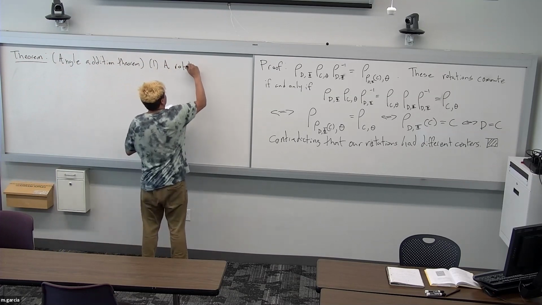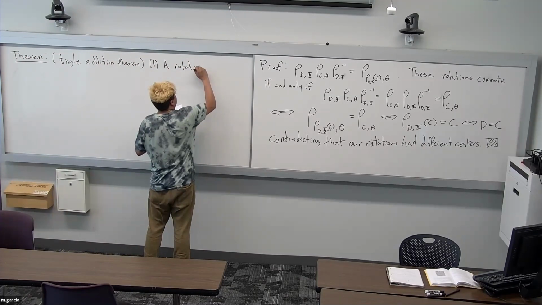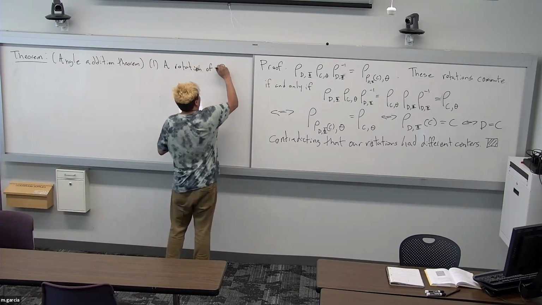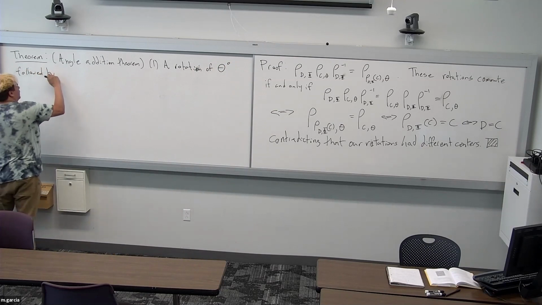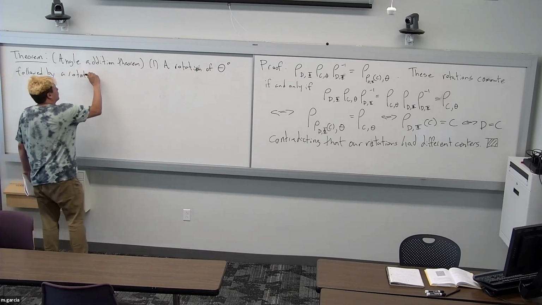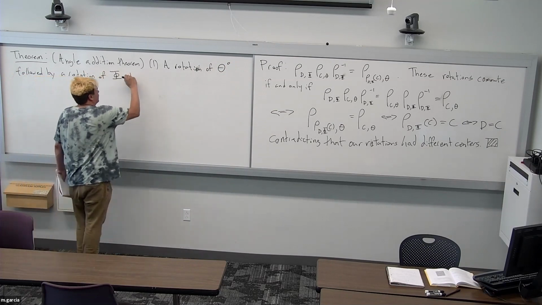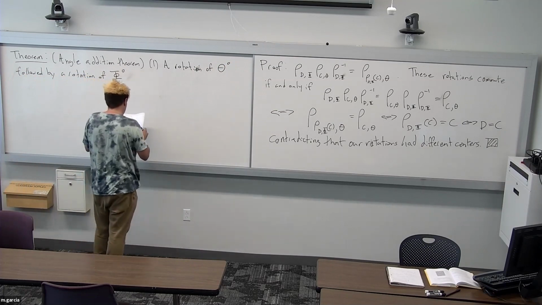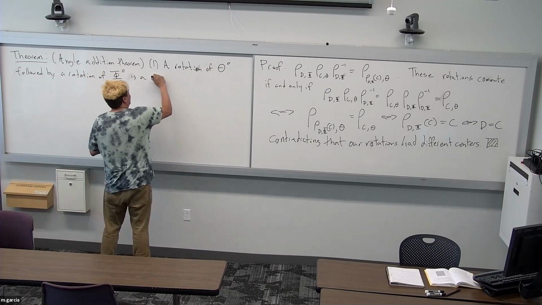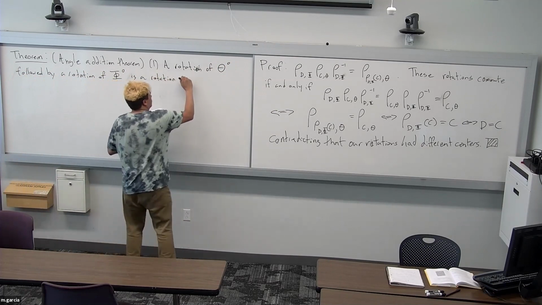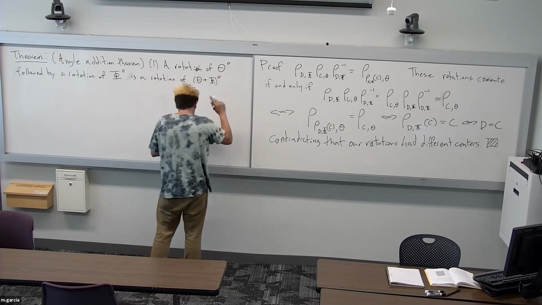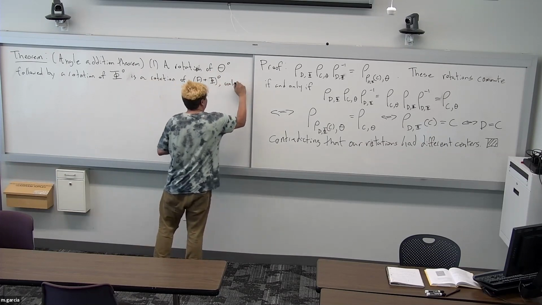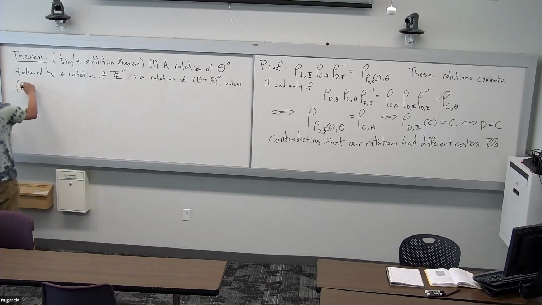A rotation of theta degrees followed by a rotation of phi degrees is a rotation of theta plus phi degrees, unless theta plus phi degrees is equal to 0 degrees.